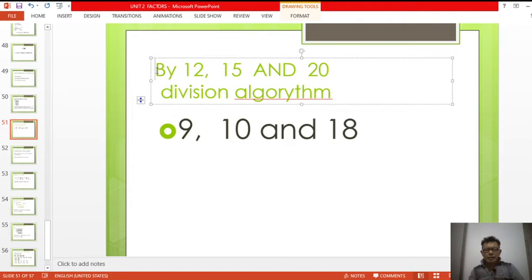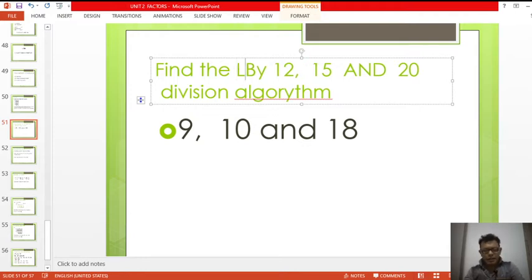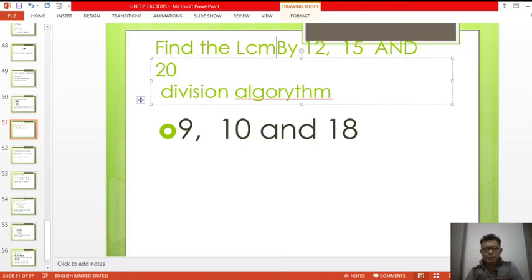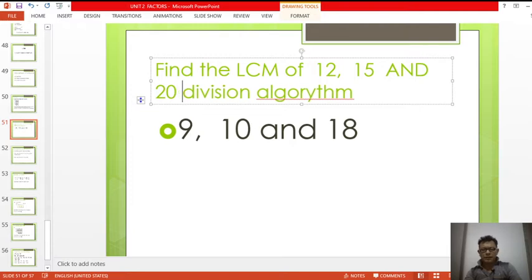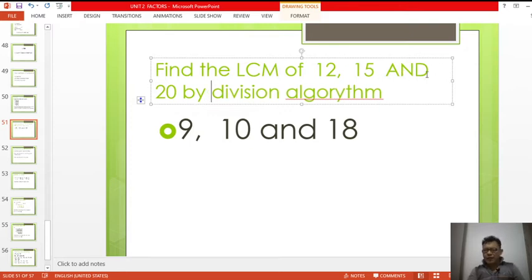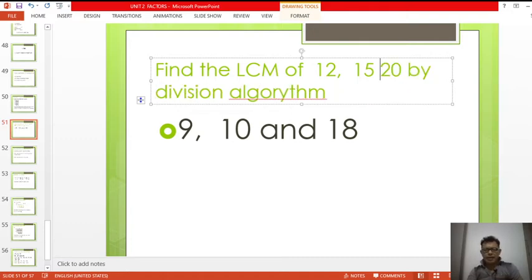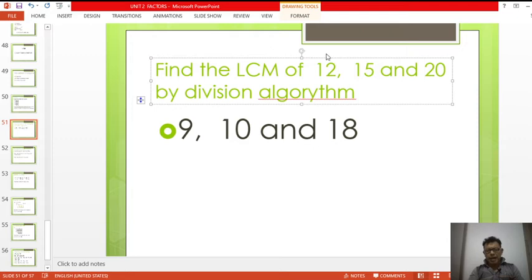Find the LCM of 12, 15, and 20 by the division algorithm.